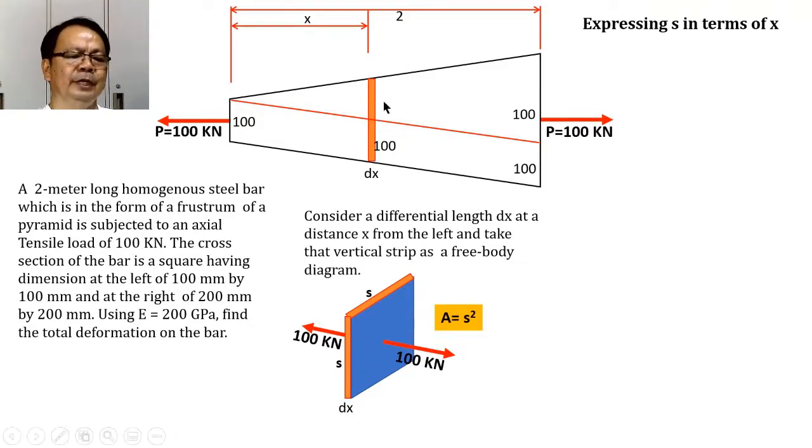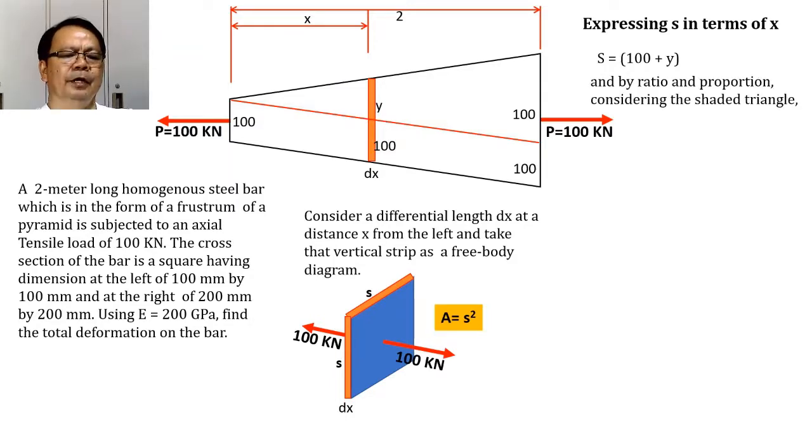And let us assume that this distance from this point up to that point be called as y. Therefore, we can see from the illustration that this side S shall be equal to the sum of 100 plus y. And so we can solve for the value of S by ratio and proportion considering this shaded triangle.